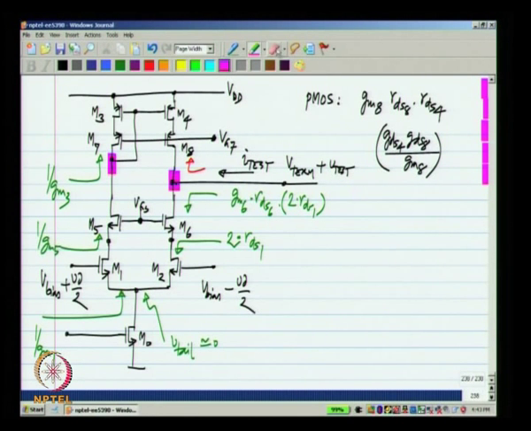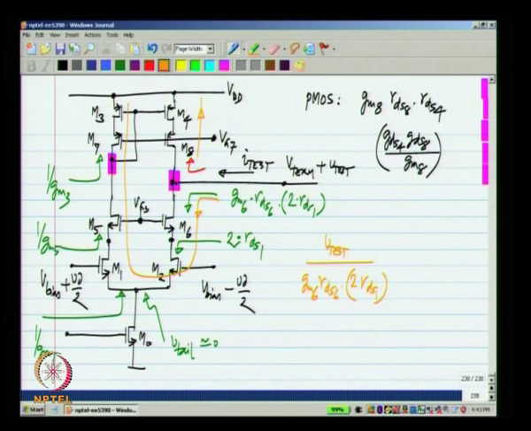So, if I apply V test, the current that flows into the NMOS would be V test divided by GM6 RDS6 times 2 RDS1. Now, as before, this current gets mirrored in M3 and M7 and also gets drawn into M8 and M4.